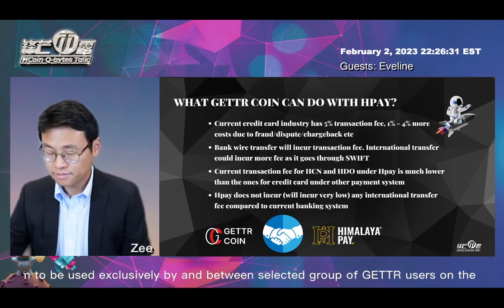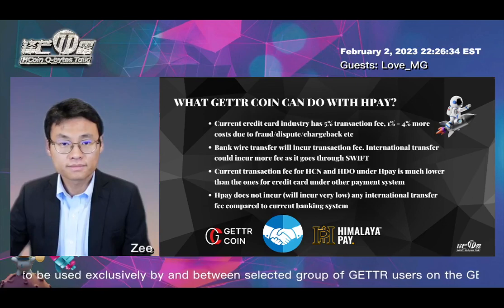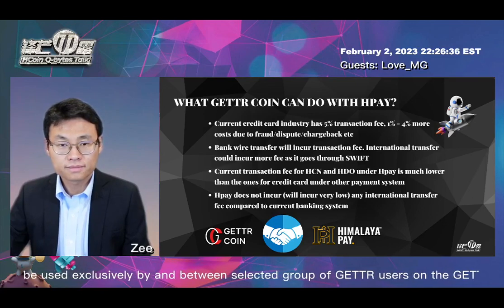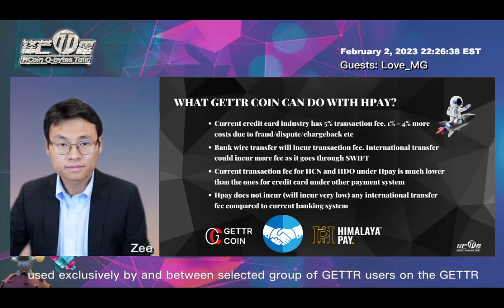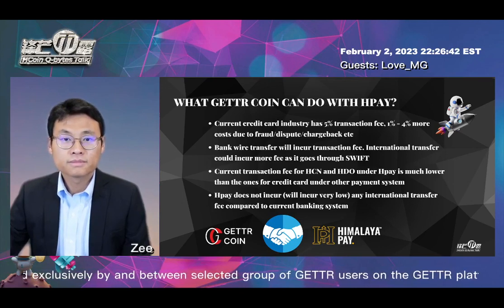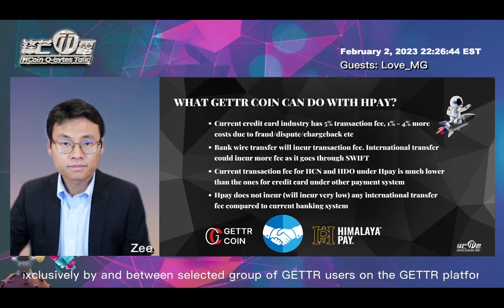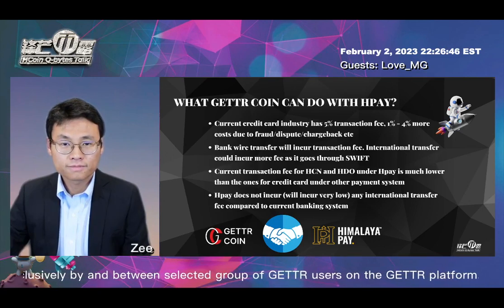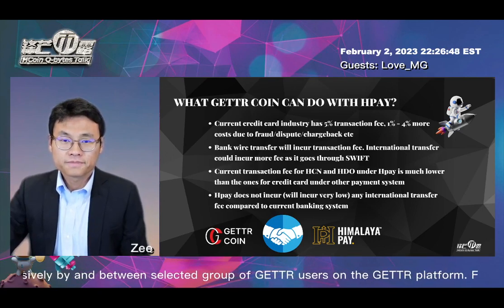Basically, they collect in total around 5% of the transaction fee. If you use a credit card, you will notice that some credit cards have a cashback program. For example, Chase Freedom Unlimited has 1.5% cashback.